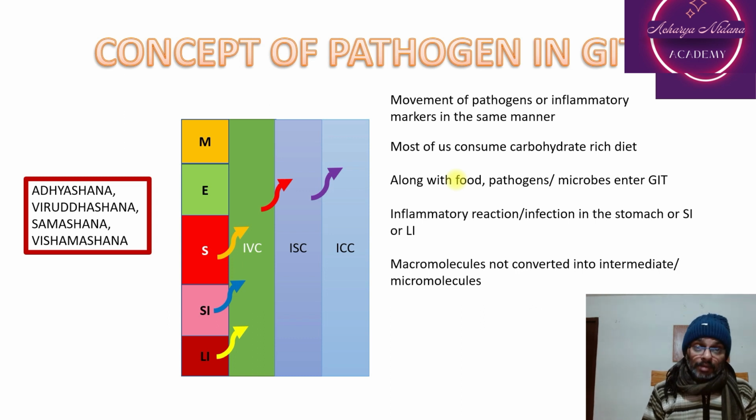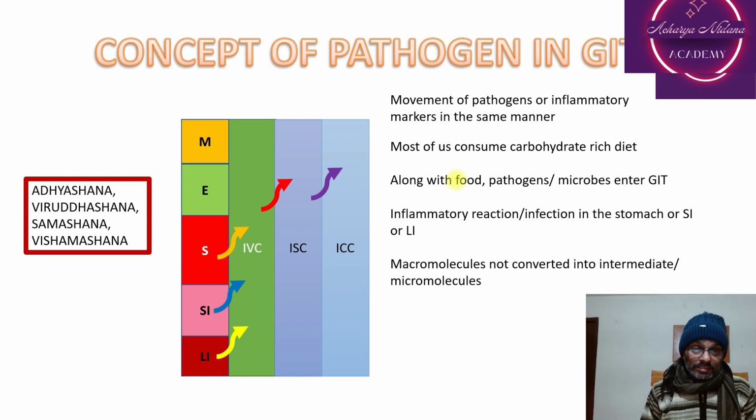When there is damage to the gastric mucosa, the macromolecules present in the stomach may get lodged in the damaged gastric mucosa for even longer, which in turn leads to the movement of the macromolecules into the interstitial compartment of the stomach.